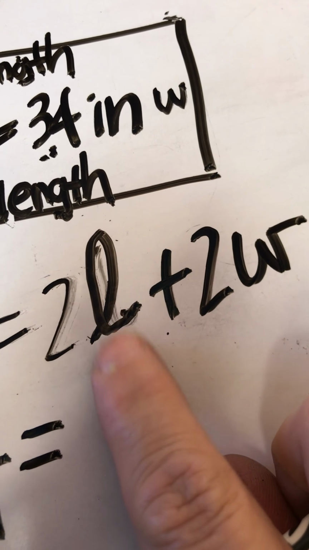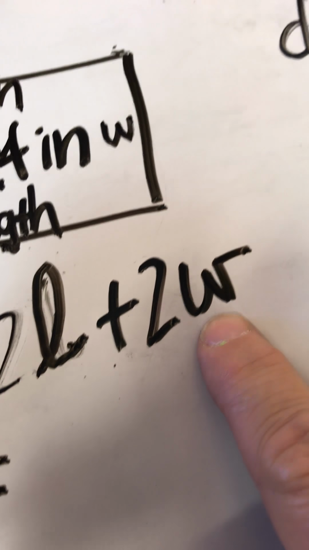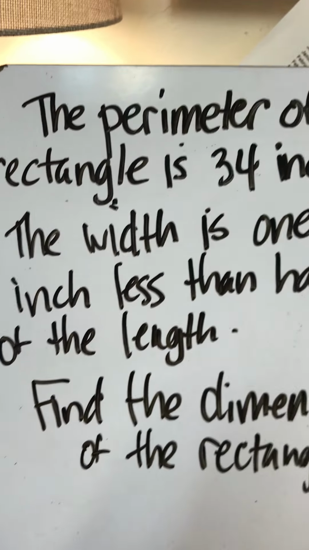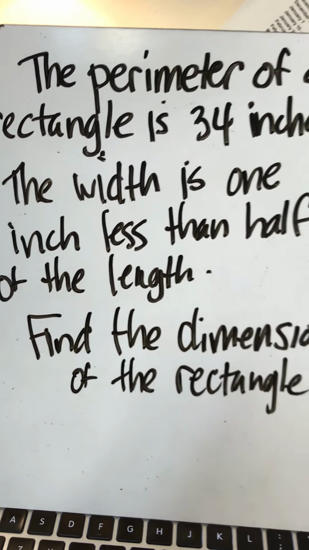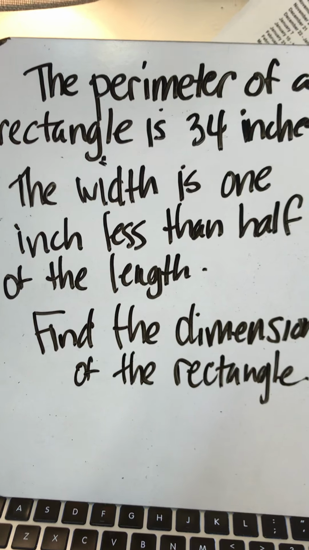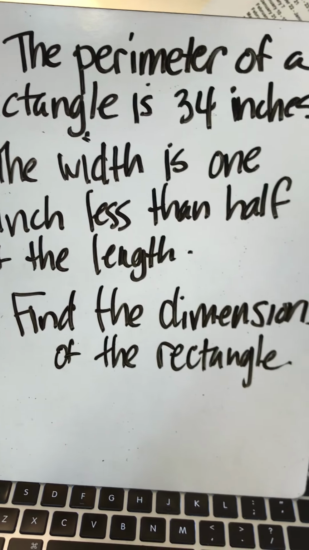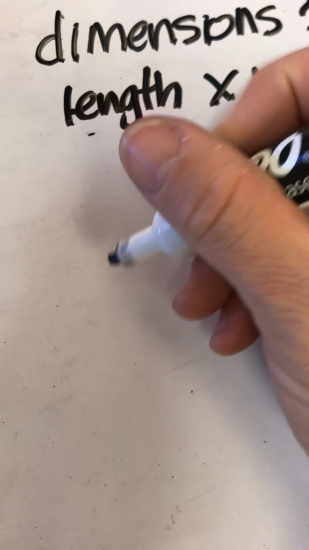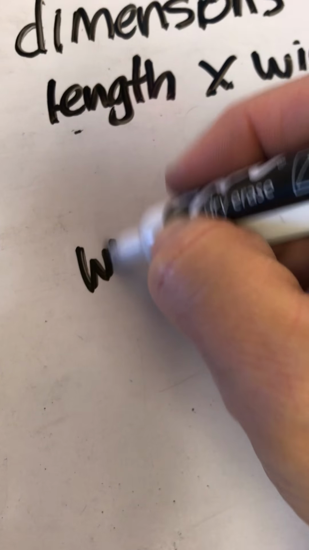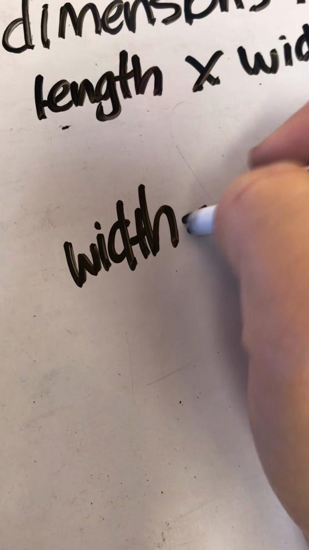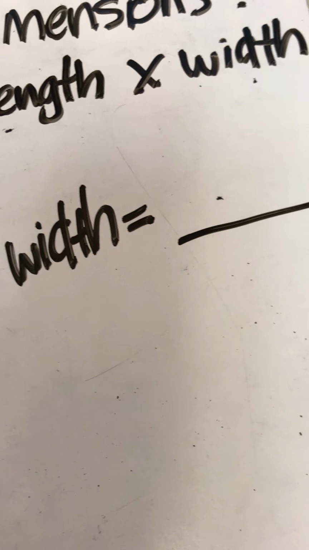We're trying to figure out what the length is and what the width is. Let's go back over here to our examples. It tells us that the width is 1 inch less than half of the length. So the width has something to do with the length. I'm going to use algebra to define these things. My width, I'm going to have to write an algebraic expression for.